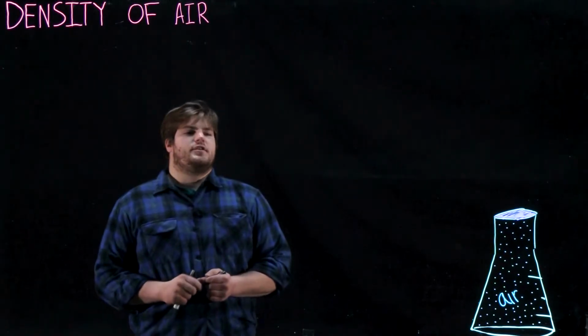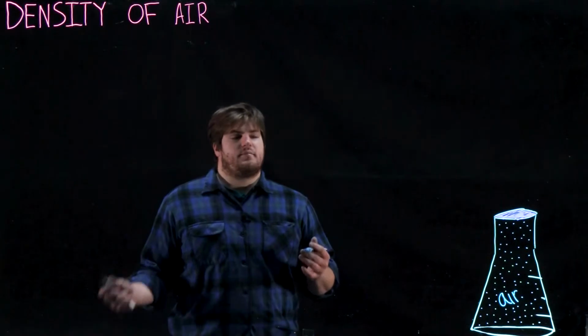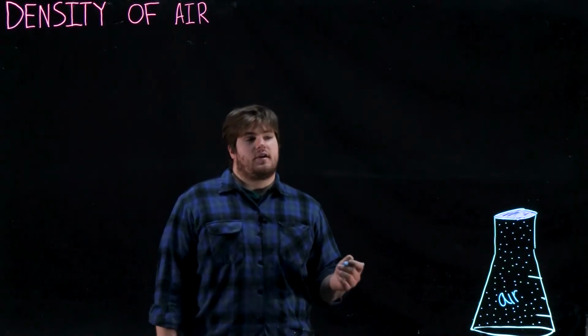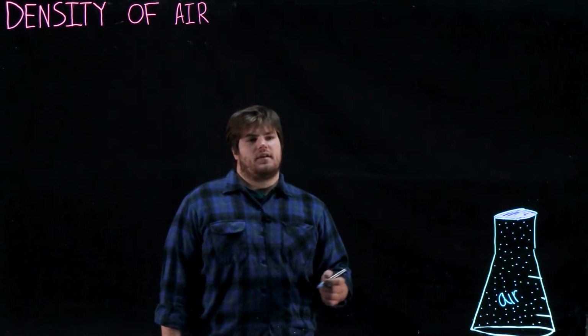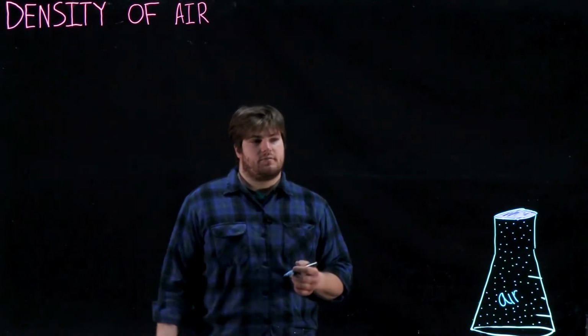At last, we can use the mass of the air to determine the density of air. Since the density of anything is its mass divided by volume, we can take the mass of our air sample, which we just found, and divide it by the volume occupied, which again is the volume of the flask, which you can measure from lab.